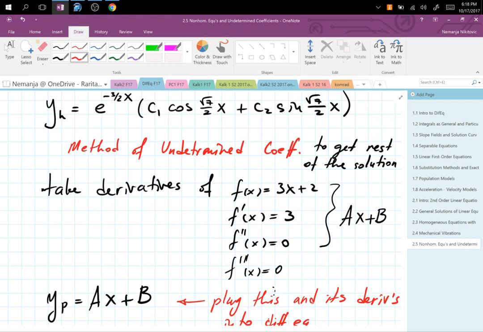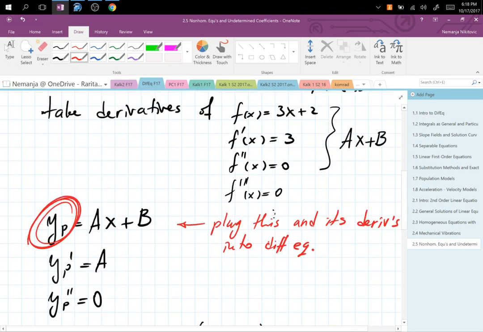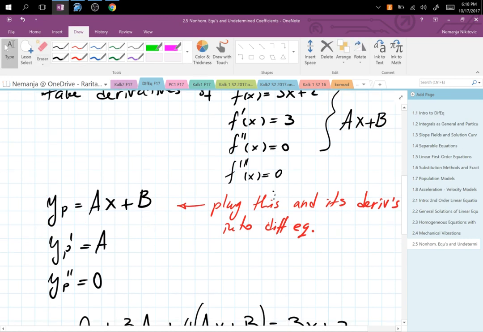So you get this. And then when you have that form, you create a particular solution using that form, and then you take the number of derivatives that matches the order of your equation. Because we have a second order equation, we take 2 derivatives.